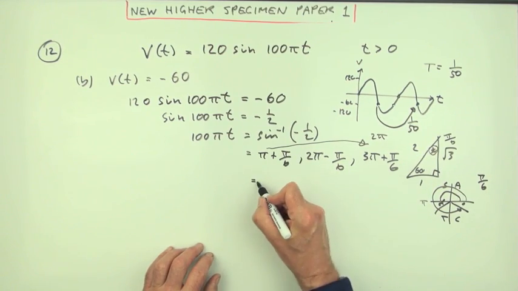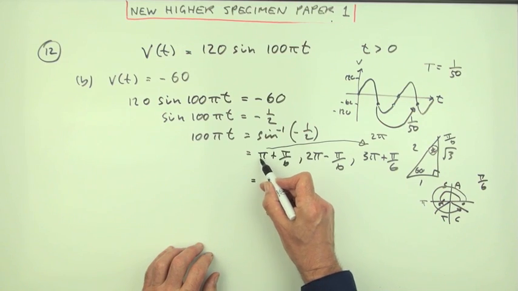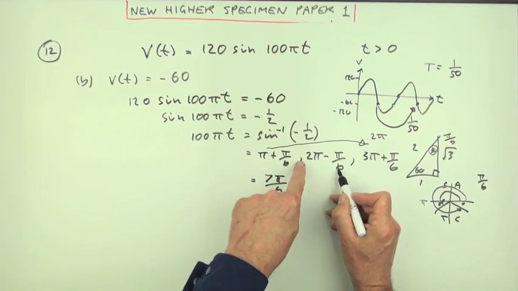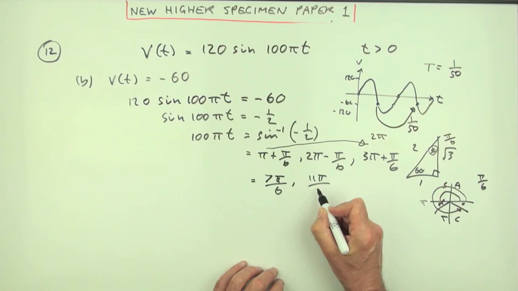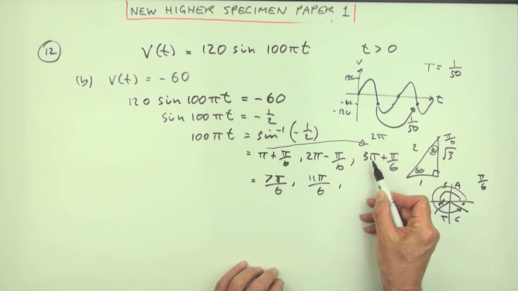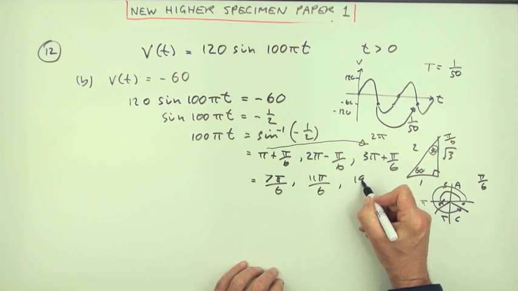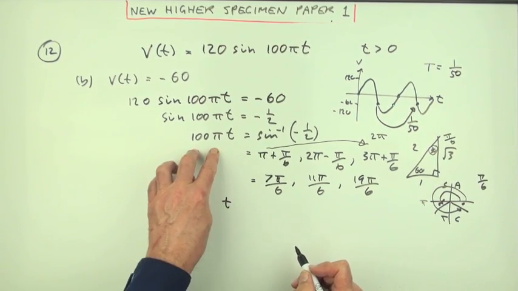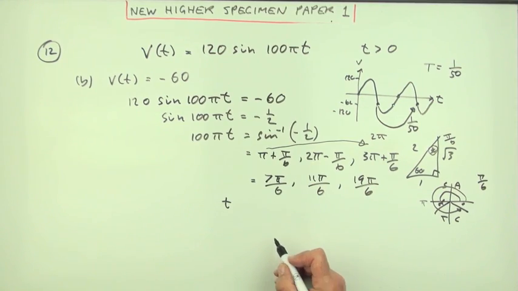I'll need to tidy this lot up though. So that's 7 pi upon 6. That's 12 take away 1 is 11 pi upon 6. And that's 18 plus 1 is 19 pi upon 6. Then finally, to get t, divide by 100 pi.